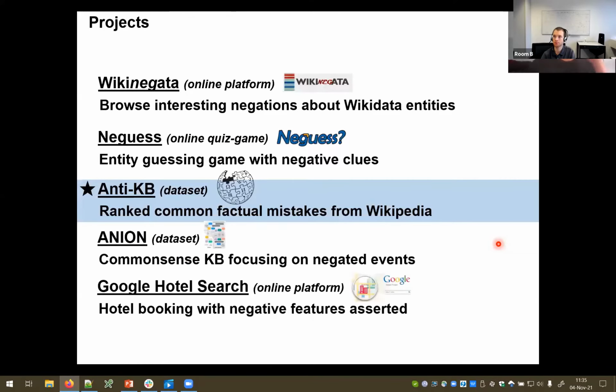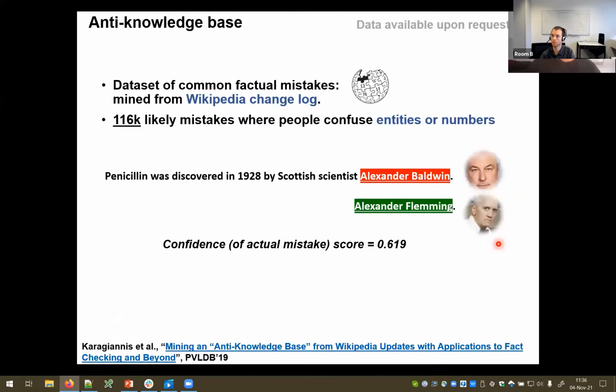A third data set in this case is the anti-knowledge base. I discussed the idea of the method and how these negations were retrieved using Wikipedia logs. The data is available upon request, so you can request it from the author and they would share it with you.